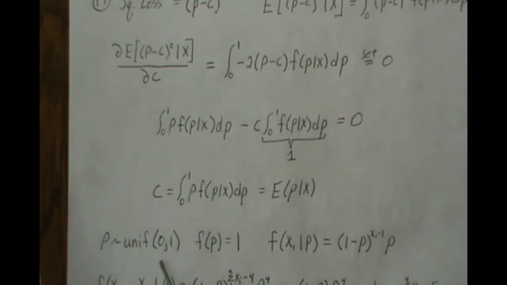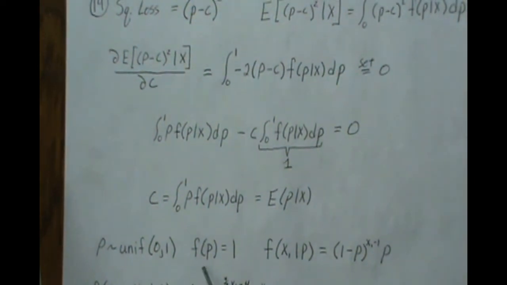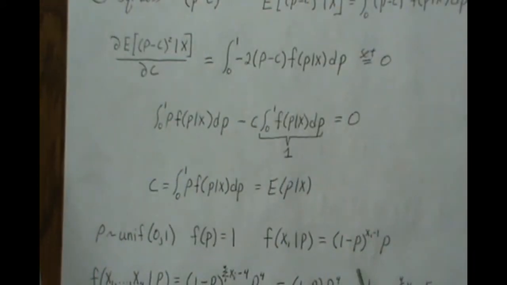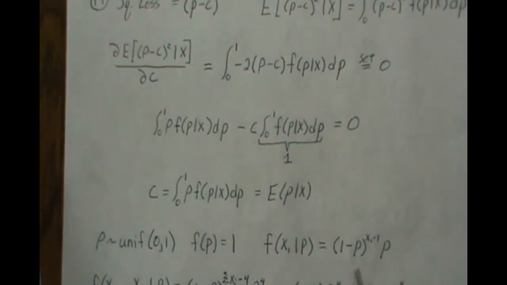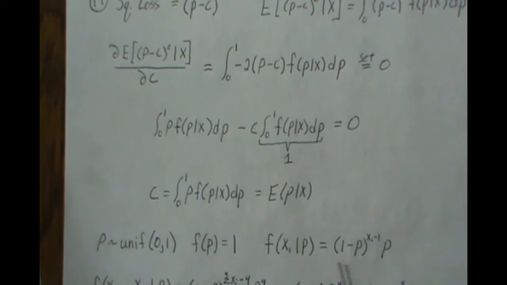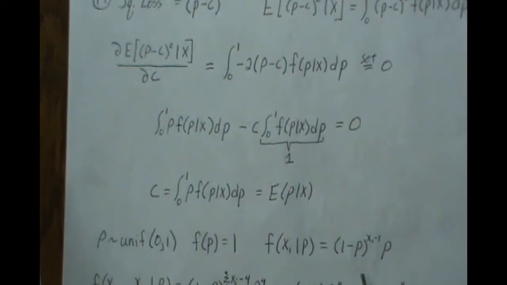So here in the problem, it's given that the prior distribution was uniform 0, 1. So this is the density. It's also given that the data is negative binomial, or this.